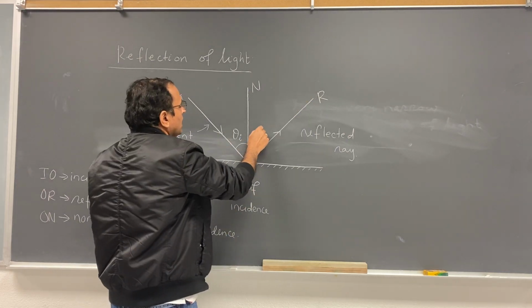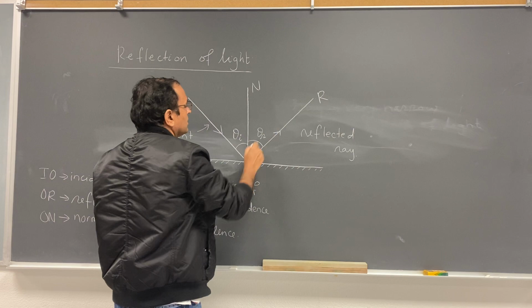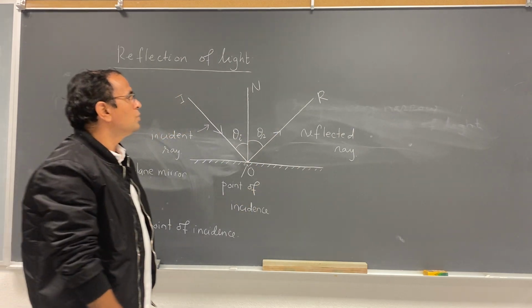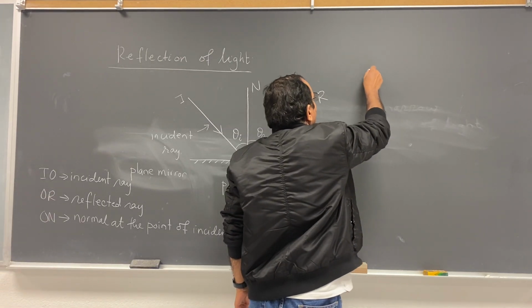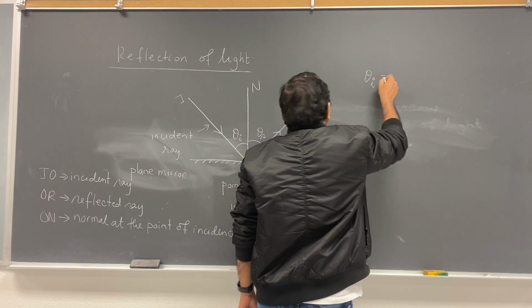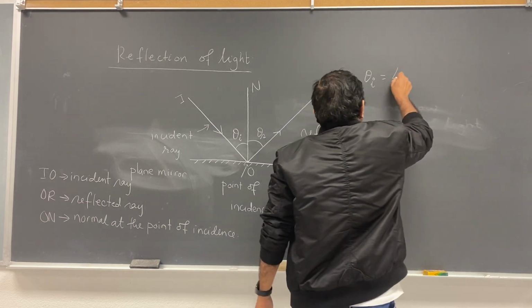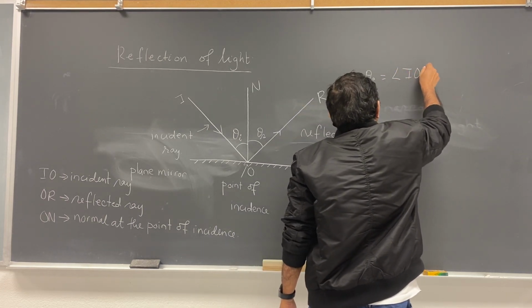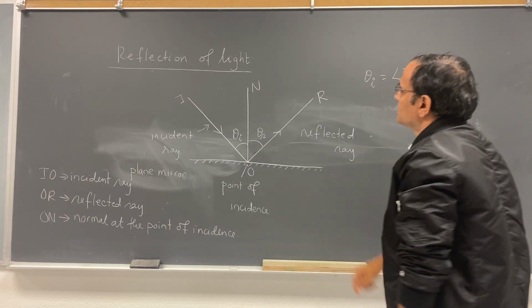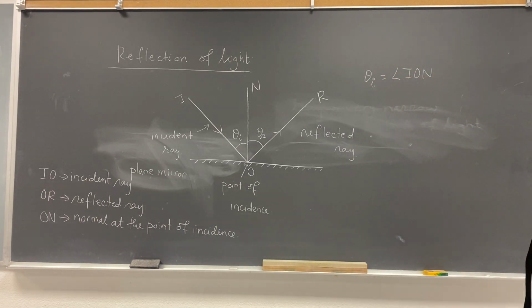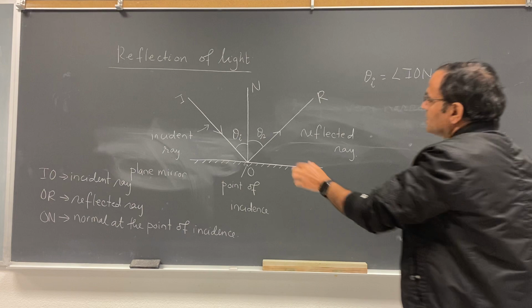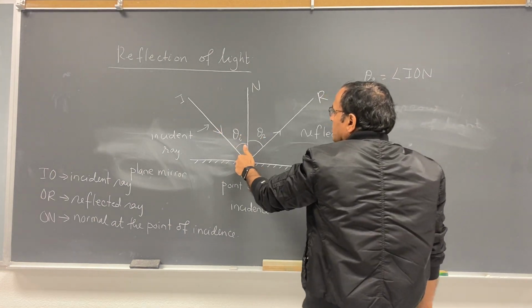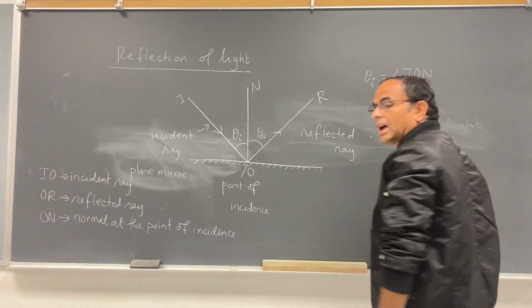This is called the angle of reflection, theta R. So please note, theta I is angle ION. So this angle here, you can see the incident ray makes an angle with the normal, theta I, that is called the angle of incidence.